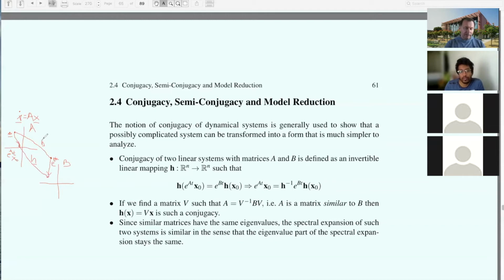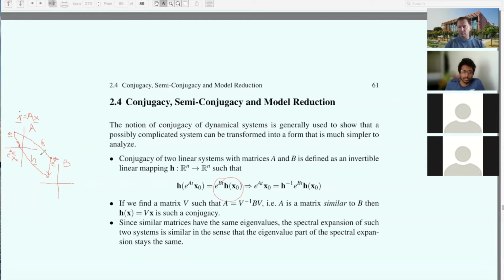The idea is if you can find H such that mapping x0 by H first, and then mapping it forward by the flow e^(Bt), so it's this part here, is exactly the same as taking x0, mapping it by the flow of this dynamical system e^(At) x0, and then using H over there.